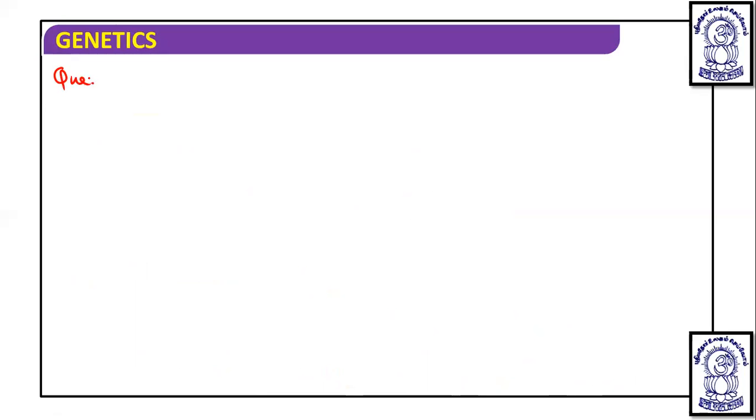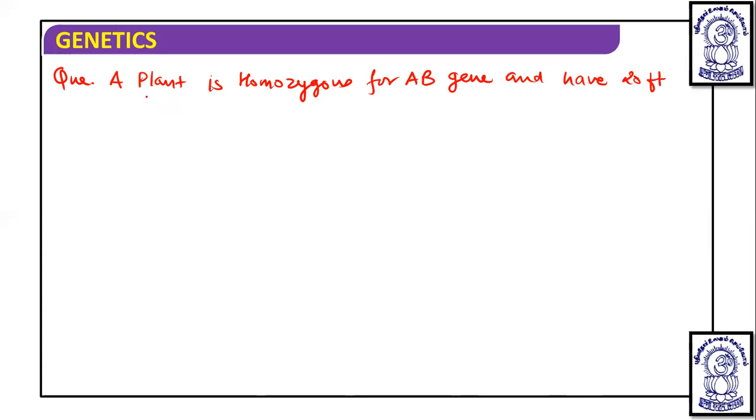In that, we are going to discuss the first question, which says that a plant homozygous for AB gene has 20 feet height, while the minimum height of the plant is 6 feet.